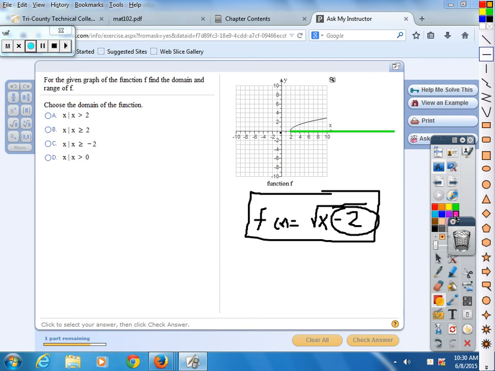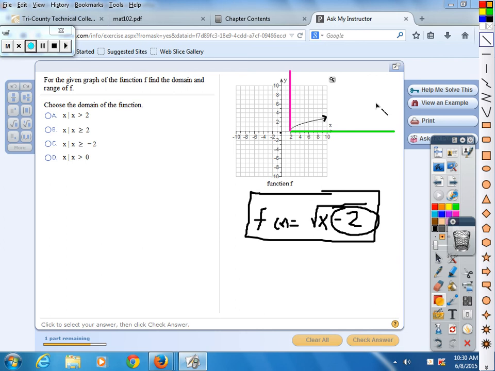Range is pretty simple, because the range is going to be from 0, because that's where it starts, and it's going to go to infinity. Since there is nothing there, it's going to be something like this.